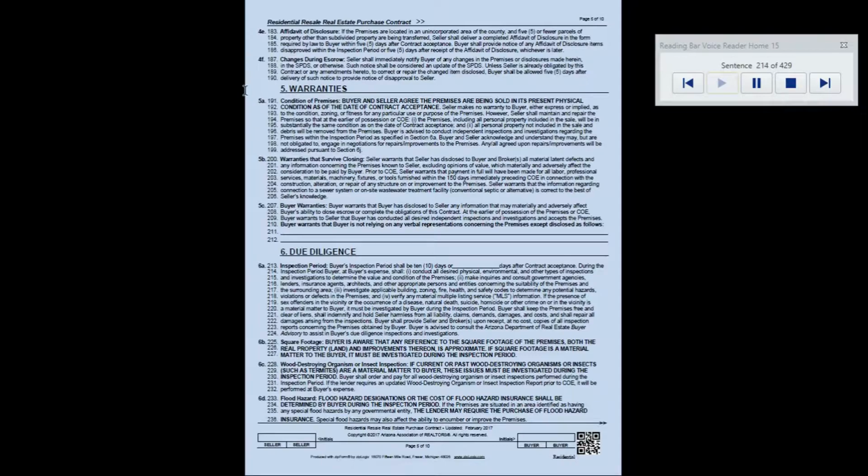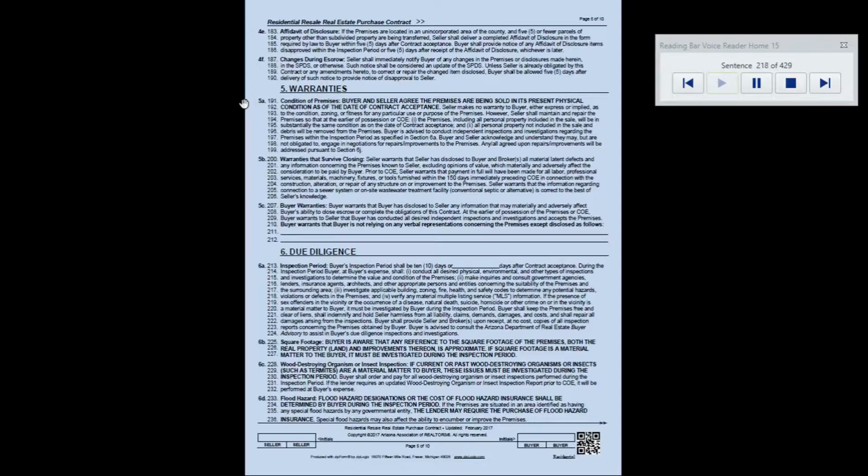5. Warranties. 5a. Condition of premises. Buyer and seller agree the premises are being sold in its present physical condition as of the date of contract acceptance. Seller makes no warranty to buyer, either express or implied, as to the condition, zoning, or fitness for any particular use or purpose of the premises.